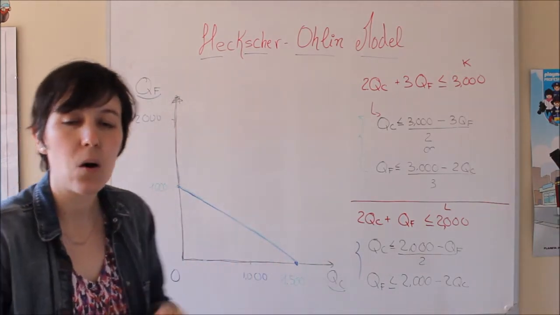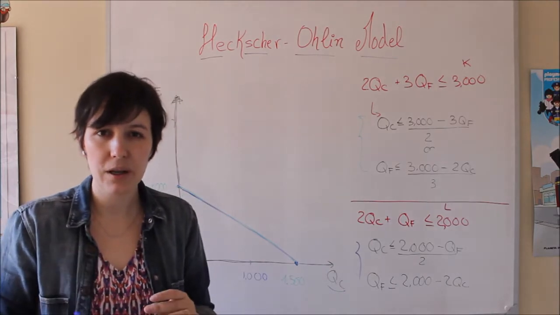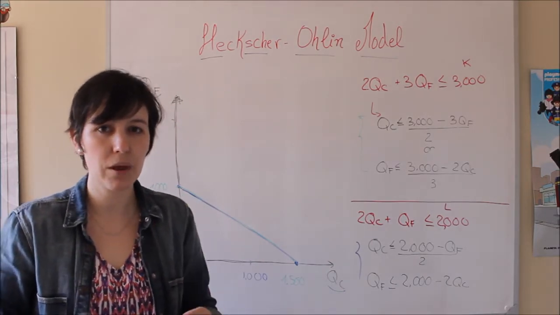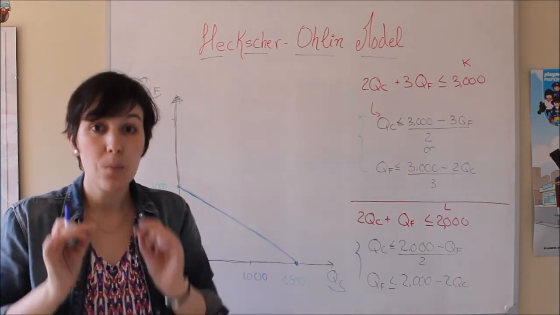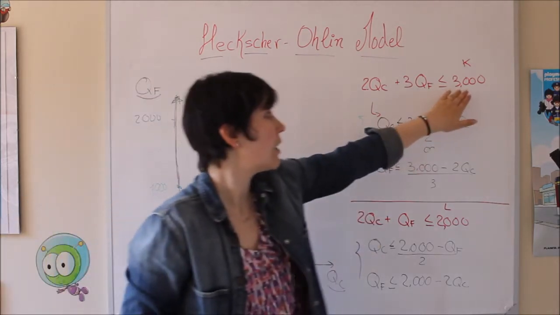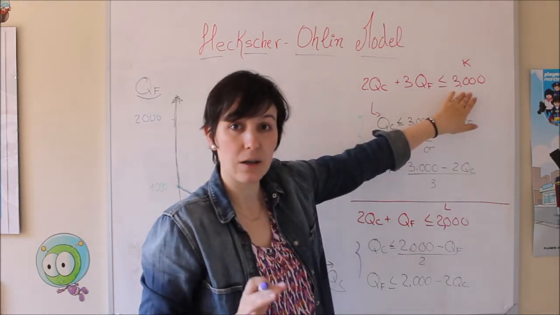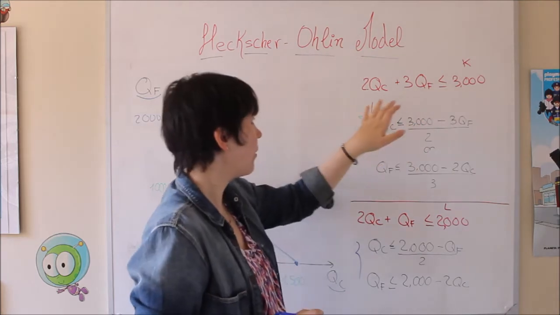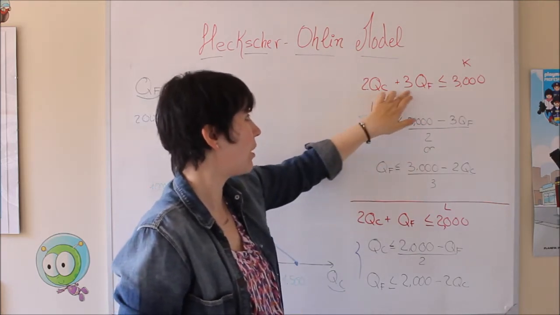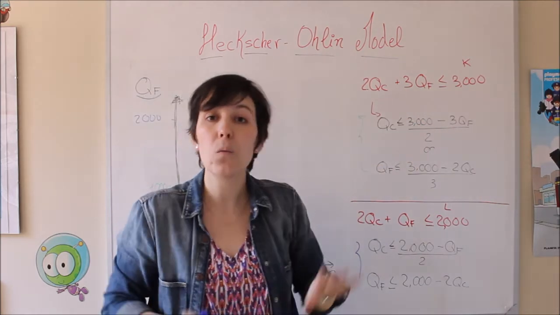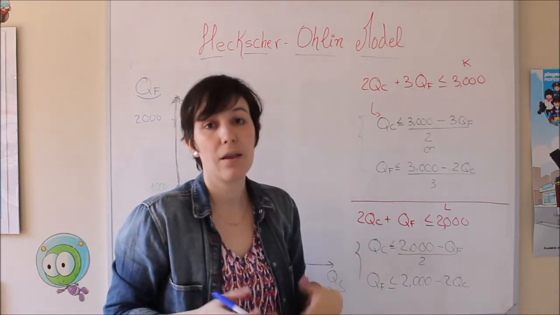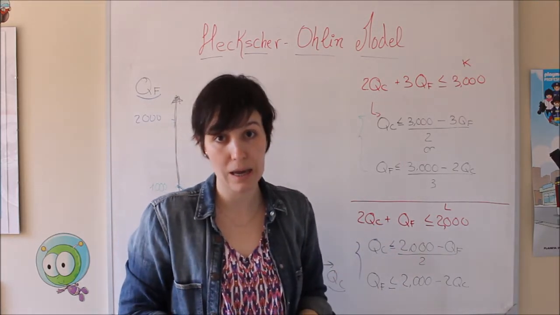So the line is all the possible combinations of the production of clothes and food that are possible given the quantity of capital that this economy has, given the unit usage of capital in each industry, and without considering the fact that you also need labor.